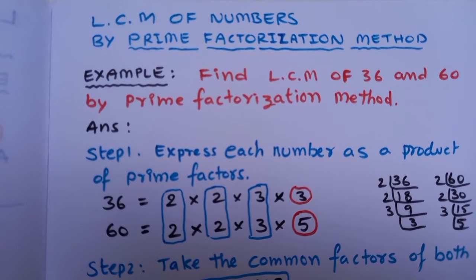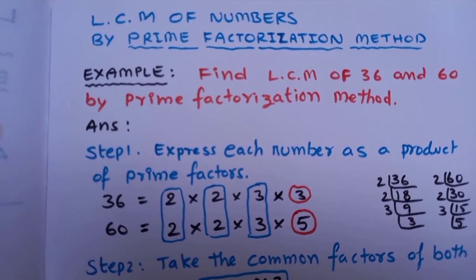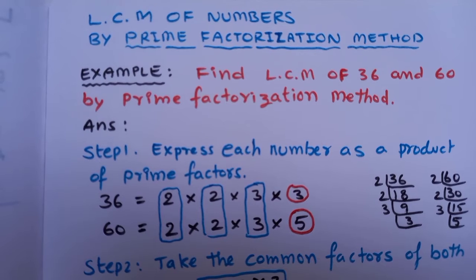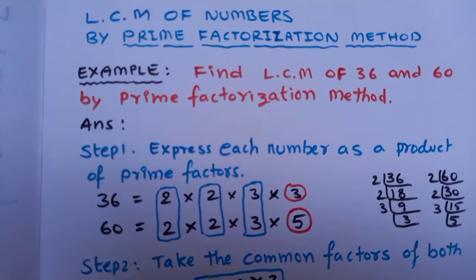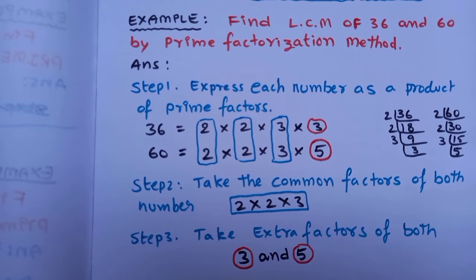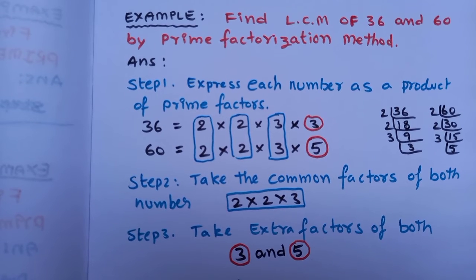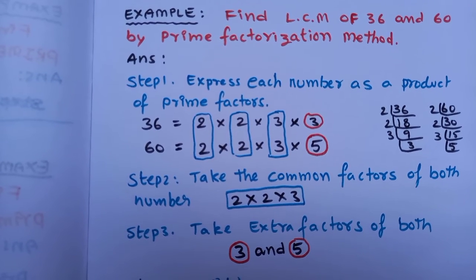So by using this prime factorization method, we can find the LCM of any numbers in a simple way. Now, example: find the LCM of 36 and 60 by the prime factorization method.